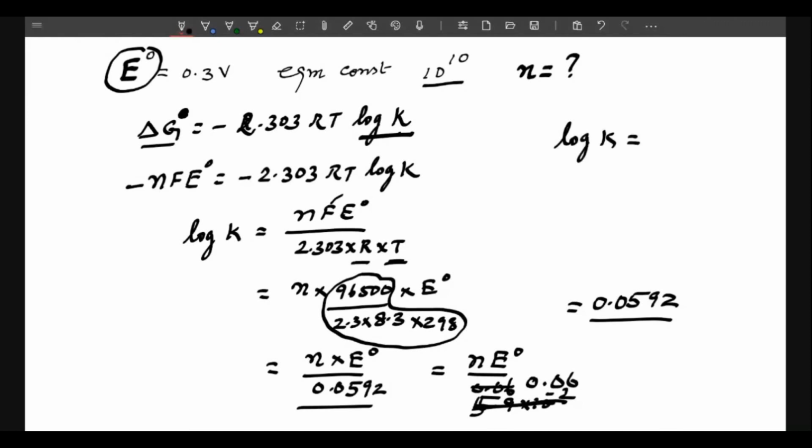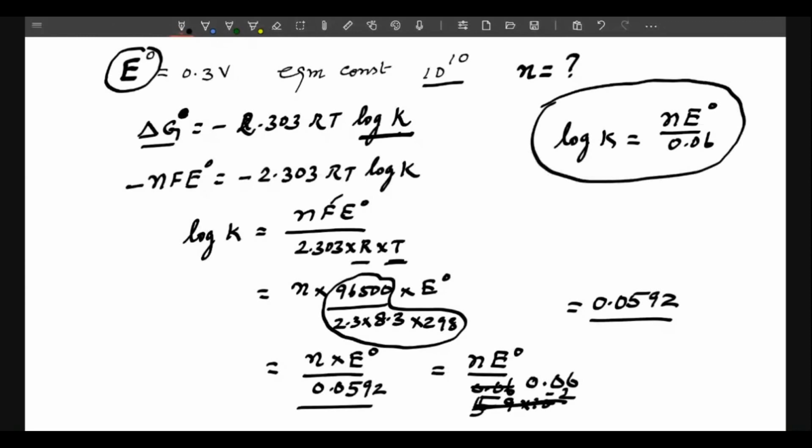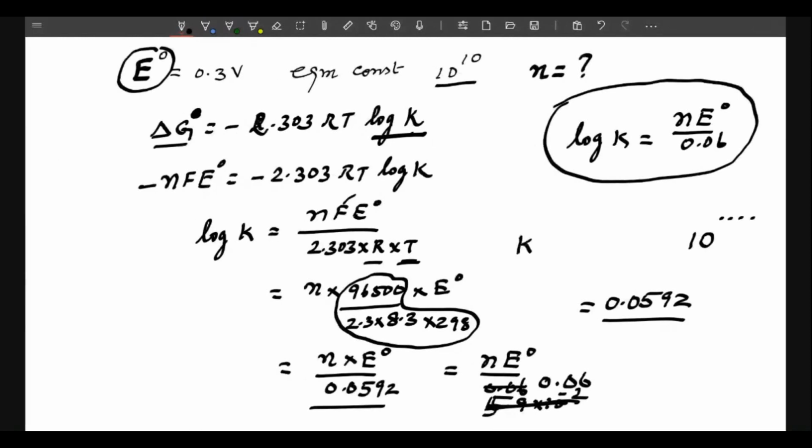You can make use of this. Now, use this as a formula to calculate log K or K from E naught. Sometimes the K value may be asked, but not as a numerical value, because it is given as 10 power something. That also can be calculated. K is equal to the anti-log, because bringing the logarithm to the other side becomes the anti-log.